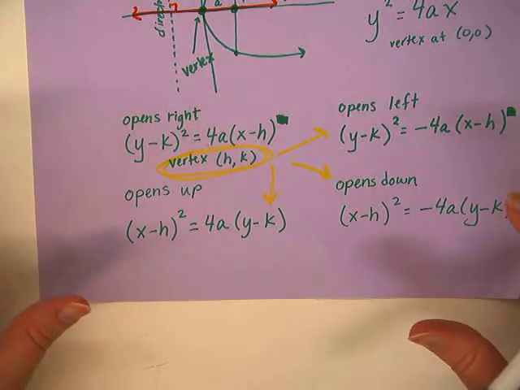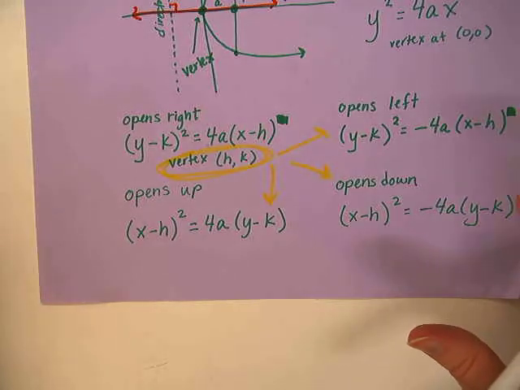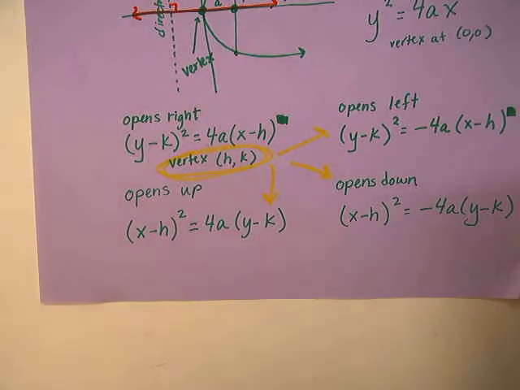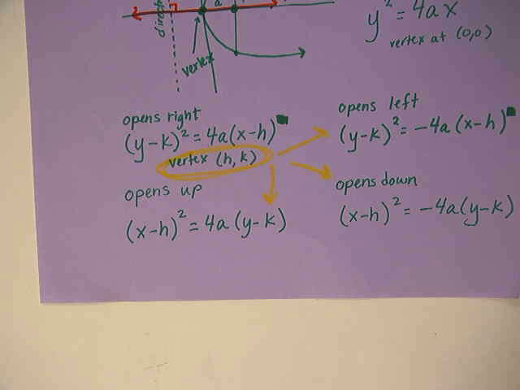They were on that paper that I put up here last time for your tests. They're not labeled or anything though, so you have to know what they do, but they are going to be provided, or at least they have been in the past, so that you don't have to memorize absolutely everything. Okay? Are we good? Let's do some examples. I'm going to stop the video at that point.